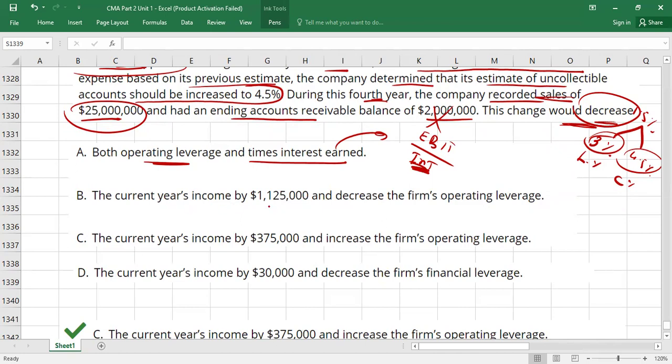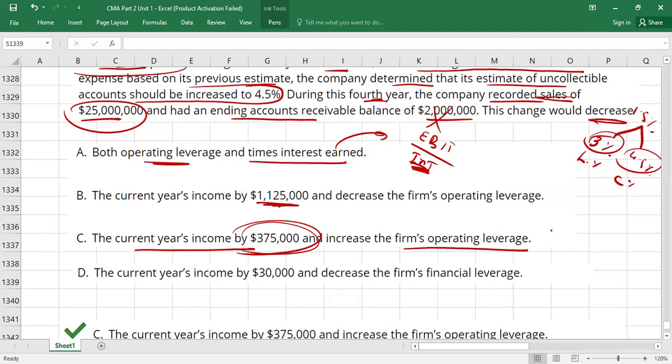Then they're saying it will decrease current year income by 1.125 million. No, current year income will decrease by 375,000. And increase the operating leverage. As I told you, leverage is the risk.